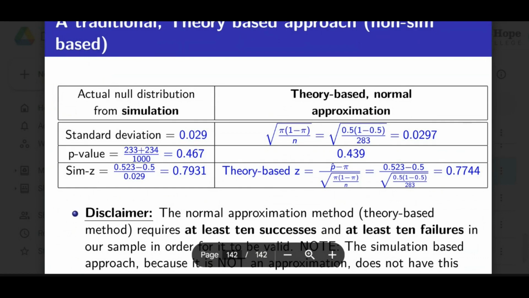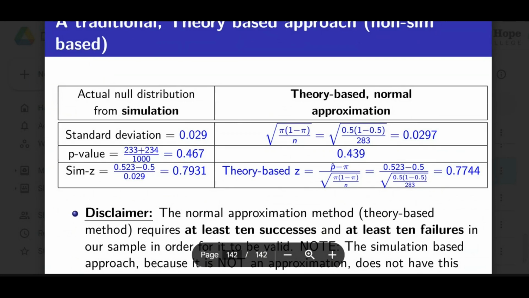In theory, you calculate the green number, but it's an SD. It's not a different entity. It's just that this comes theoretically, not from looking at the simulation. You are able to calculate this in complete isolation. You don't need a computer. You need a calculator, okay? But you don't need a computer to do simulation because there's nothing here involving simulation. Also notice how close these two are as well. So when is theory going to line up so well with simulation?